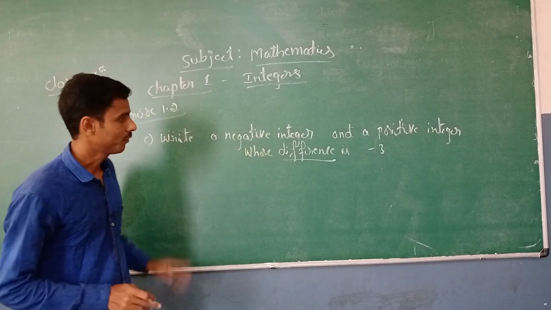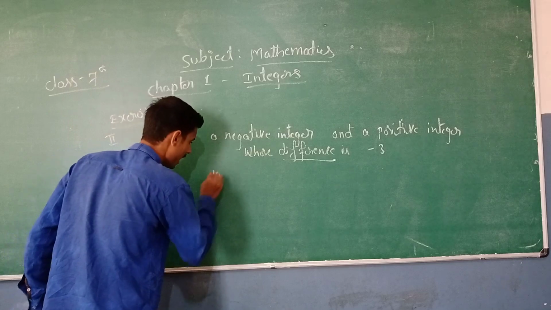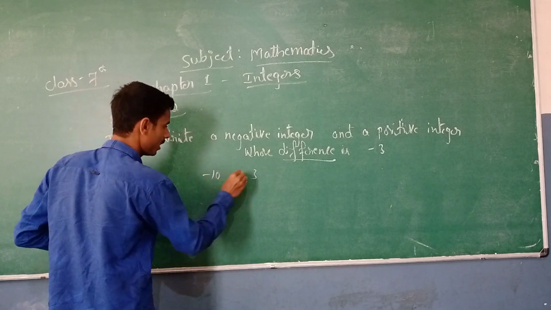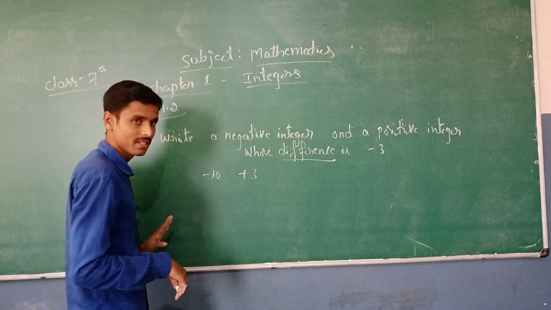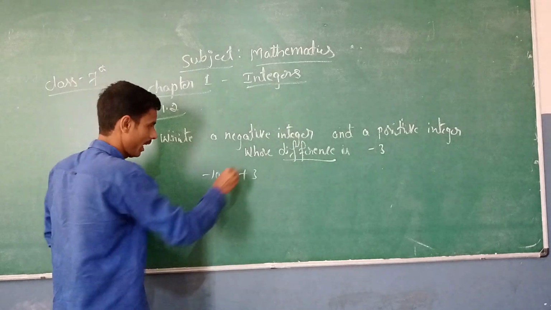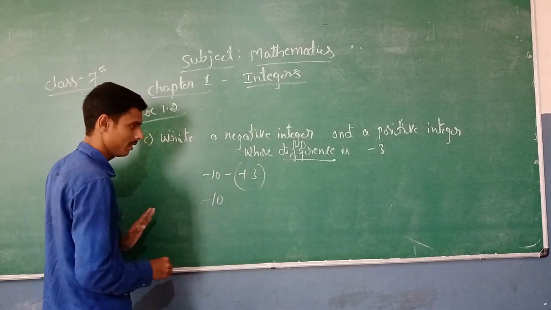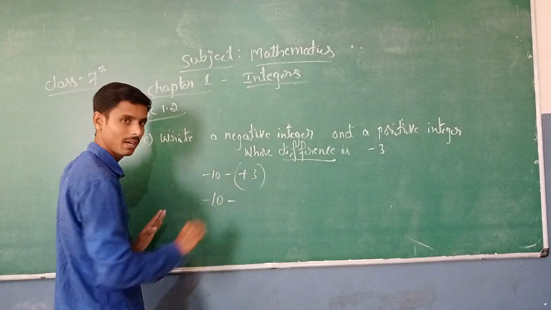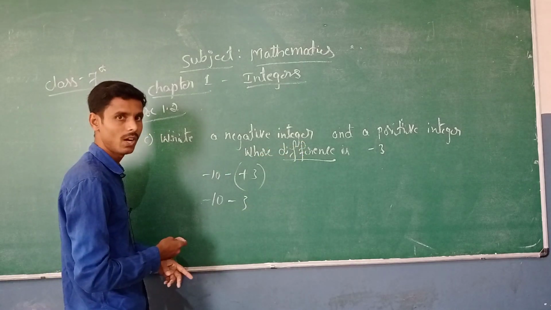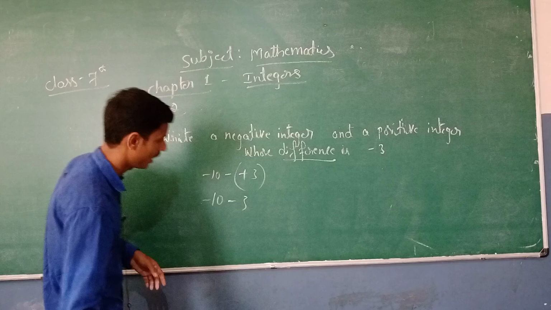See, if you write 10 and 3, so one is negative, another one is positive. Difference means again minus will come here, right? So -10 minus of minus, it will become minus again 3. We will not get -3, right?